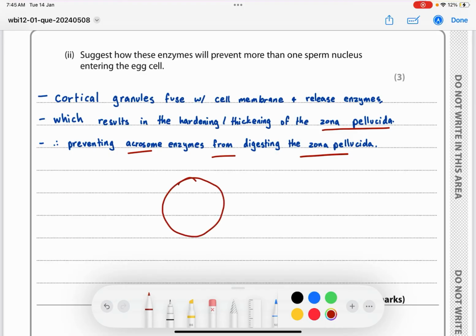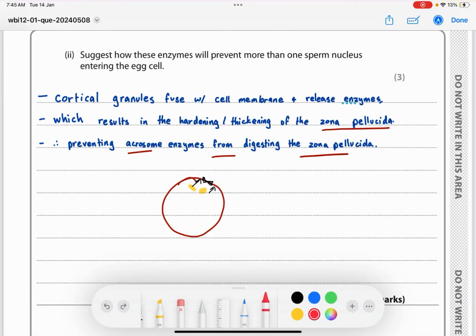So we have our egg cell right over here. And then we have cortical granules right over here. These are my cortical granules. My cortical granules are moving to the zona pellucida, to the edge. Over here, a reaction occurs. So now the zona pellucida starts hardening.